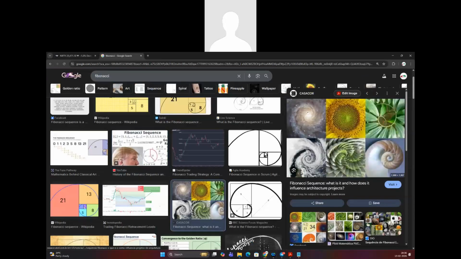See, the Milky Way galaxy looks like a Fibonacci series. See this, the petals. These are arranged with the Fibonacci sequence. See this, the plant, Fibonacci sequence. See this. What do you call this?